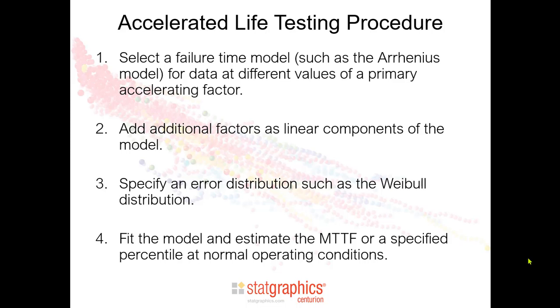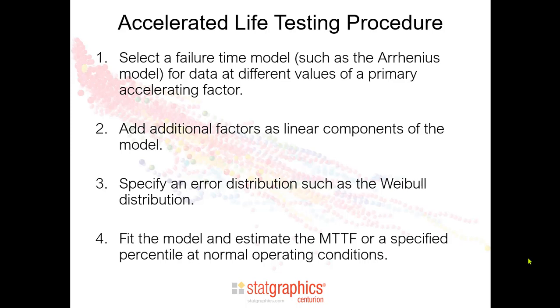The approach used by the accelerated life testing procedure is shown here. First, we'll select a failure time model, such as the Arrhenius model, for data at different levels of a primary accelerating factor. The primary factor must be quantitative, such as temperature. We'll then add additional factors as linear components of the model.